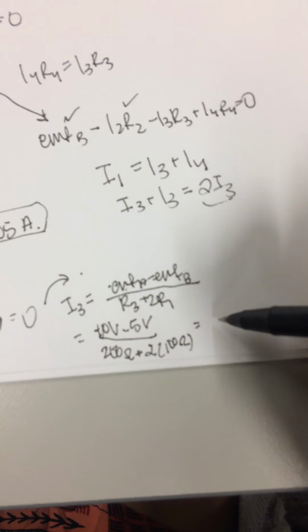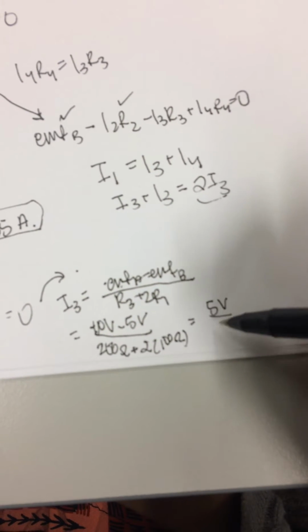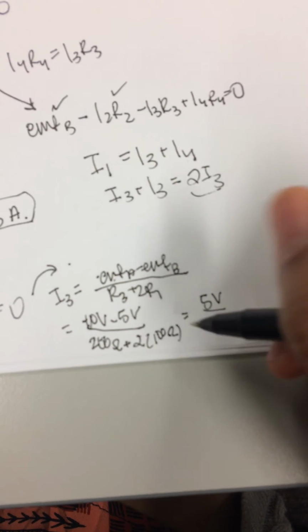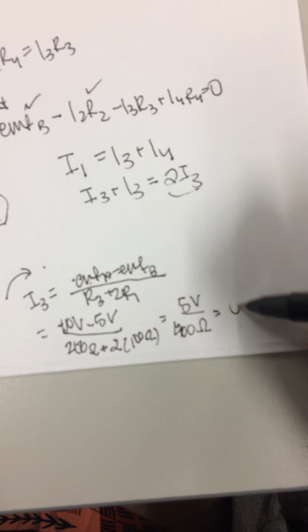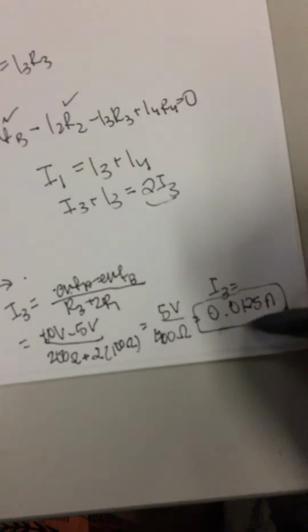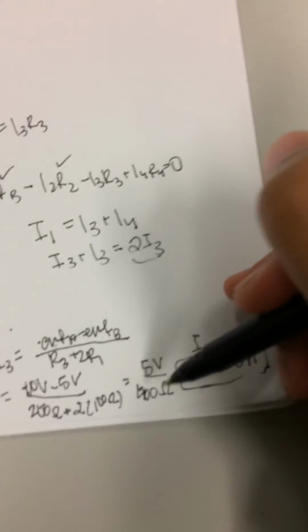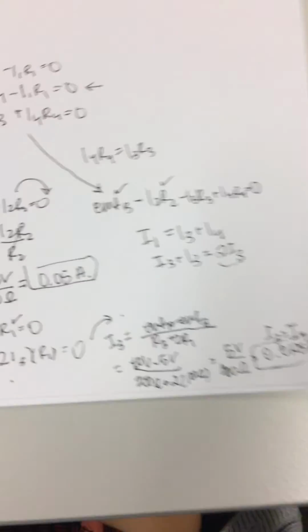That'll give you 5 volts over 2 times 200, so 400 ohms, which will be approximately 0.0125 A. So that is the value of I3. And you know that I3 is also equal to I4, since they're both equal to the same thing.